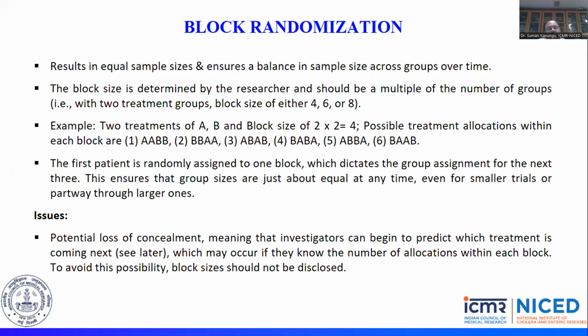That is very important. In fixed block randomization, the first patient is randomly assigned to one block, which dictates the group assignment for the next 3. This ensures the group sizes are just about equal at any time. The issue is that allocation concealment may be lost, meaning investigators begin to predict which treatment is coming next, which may occur. I am showing how it happens.